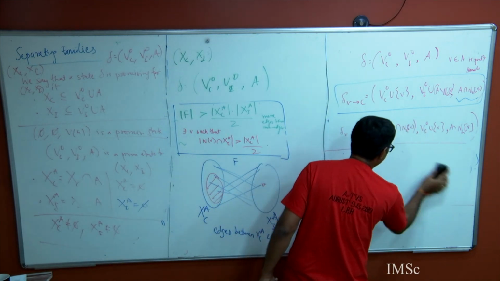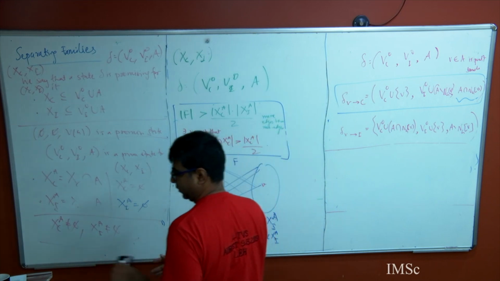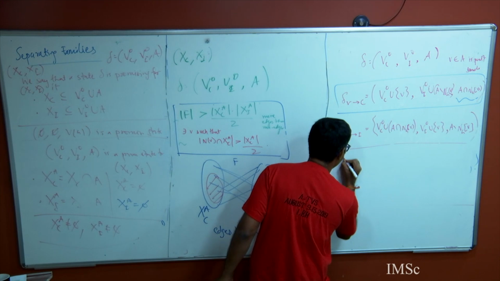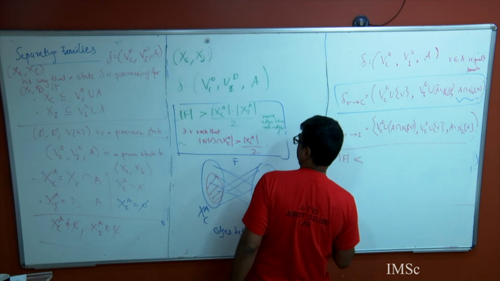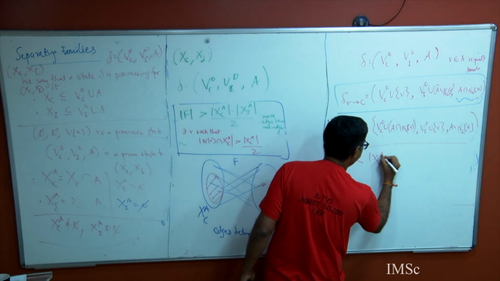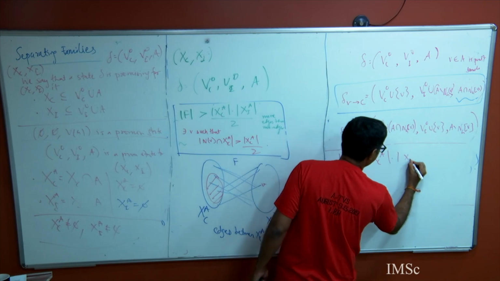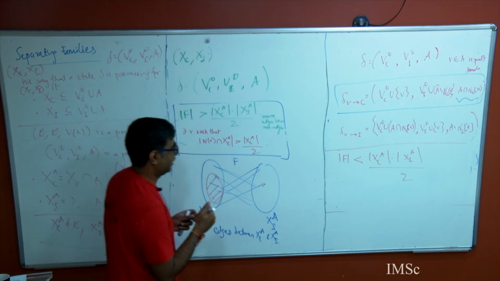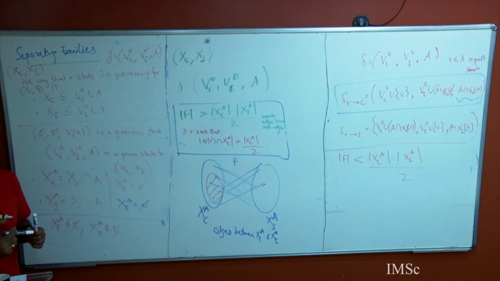If this does not happen, then what happens? The number of non-edges is less than or equal to XCA times XIA divided by 2. So there are more non-edges than edges. What can you see in this case too?